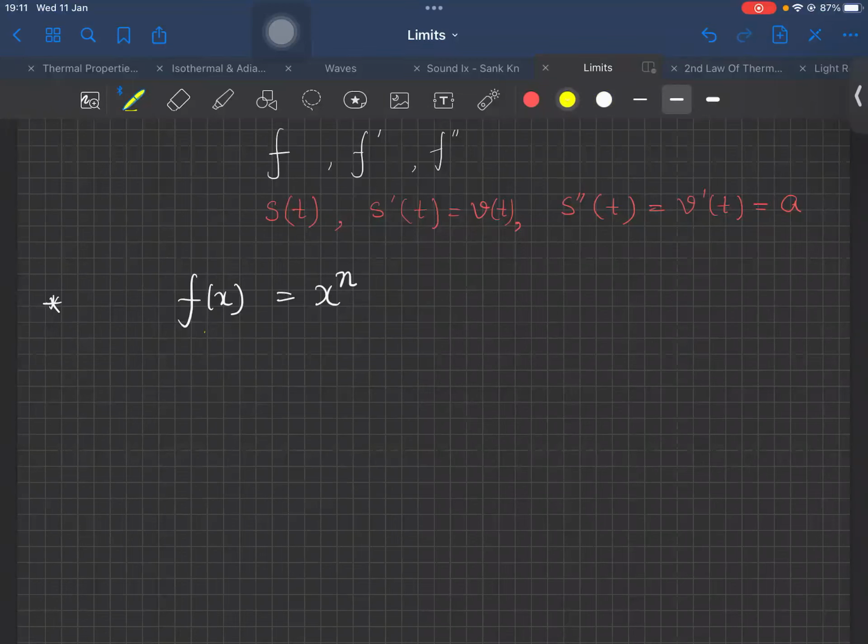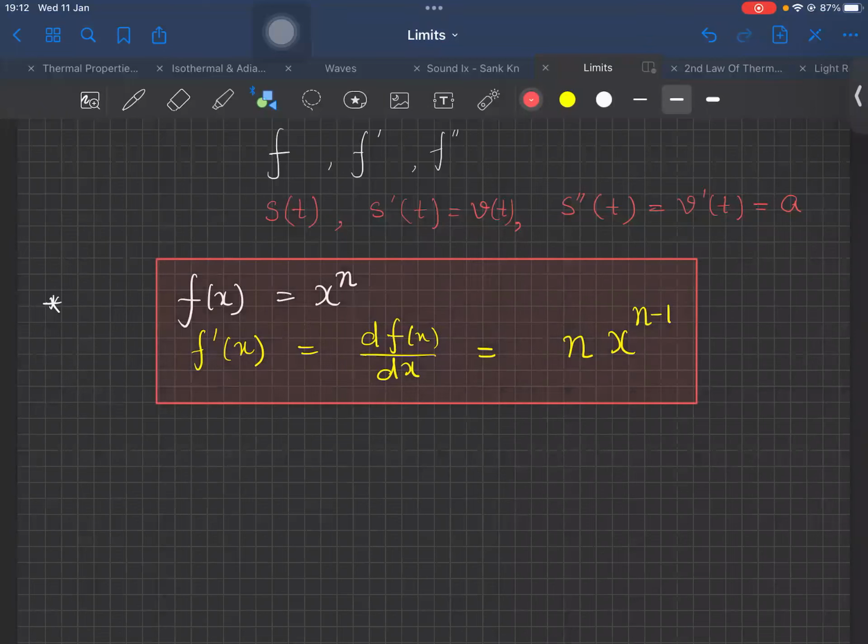So the derivative, that means f dash of x, or you can write df of x upon dx, whatever you want, is equal to n times x to the power of n minus 1. We have the proof using the binomial theorem. Again, I told you we are not going to cover it. So just keep this in mind all the time. This is really, really important. Based on this, we are going to solve a lot of problems. Everywhere this concept is going to be used.